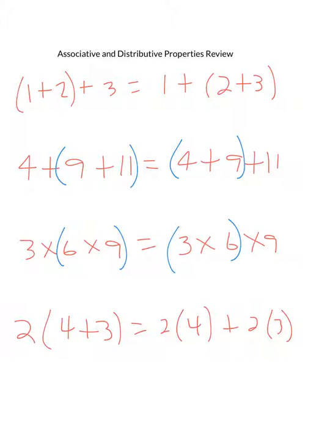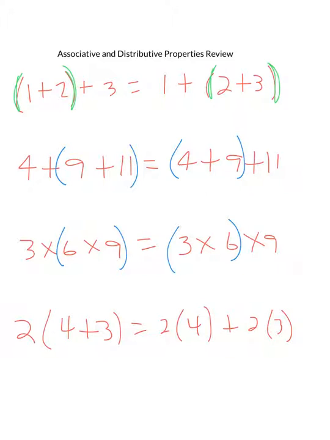Now we're going to look at the associative and the distributive properties review. So some of you were saying you were getting confused about the difference between the two properties. The first problem has the sum of 1 and 2 in parentheses plus 3, which is the same as 1 plus the sum of 2 and 3 in parentheses.